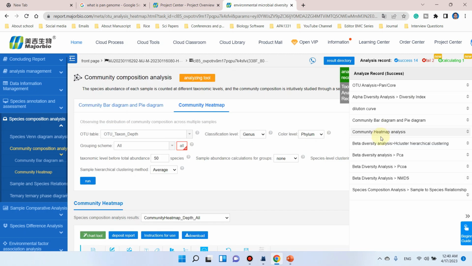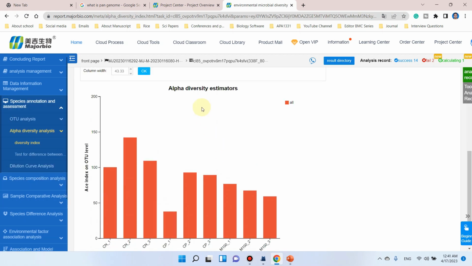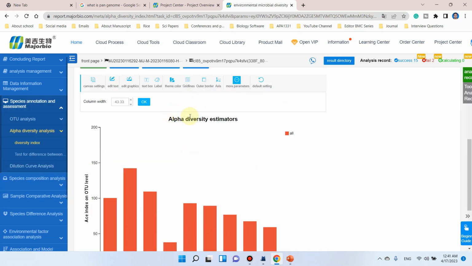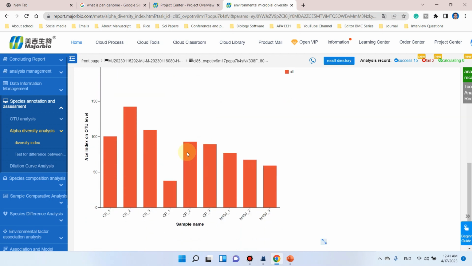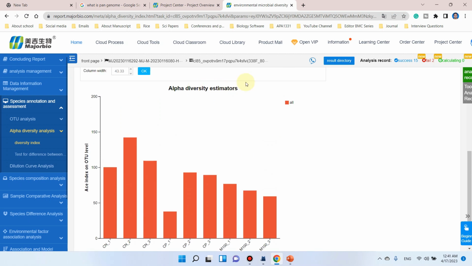Now we will move to the beta diversity analysis. We should understand what actually alpha diversity analysis and beta diversity analysis are. If you are only considering the diversity within the sample, like within control negative, this is the alpha diversity.